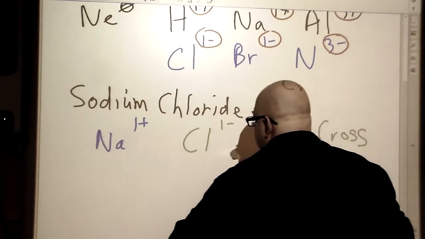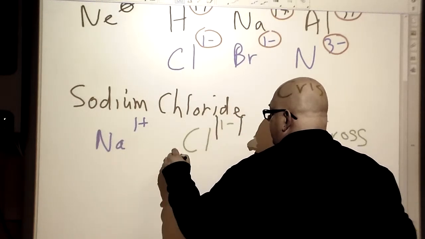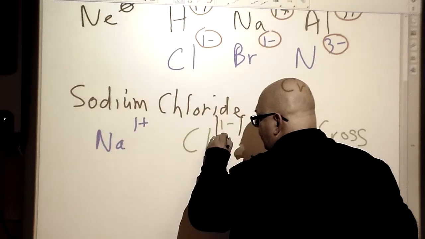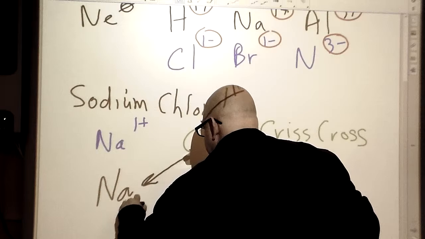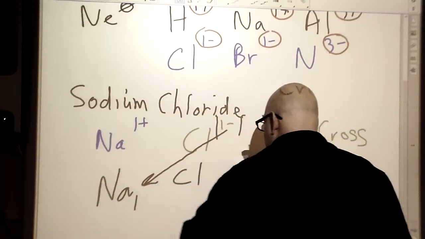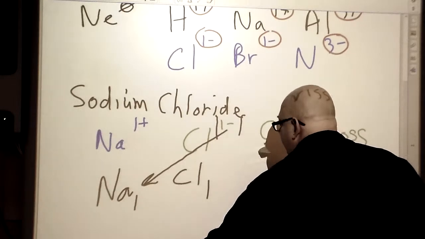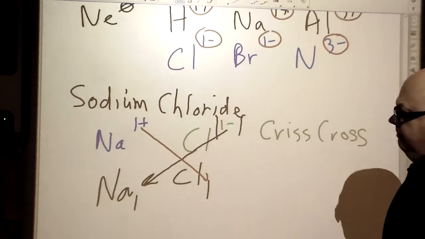So our crisscross method goes like this. We take the absolute value of our negative and transfer that down here, so sodium is going to have 1. Chlorine will also have a 1 because we transfer that number down to here.